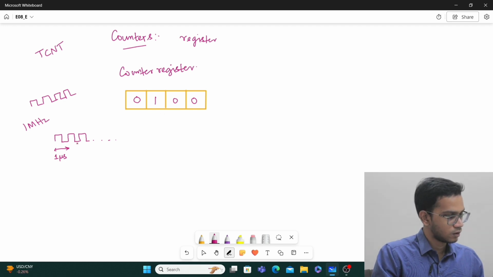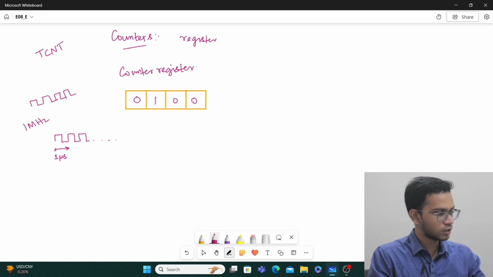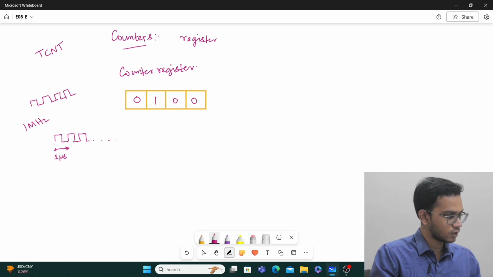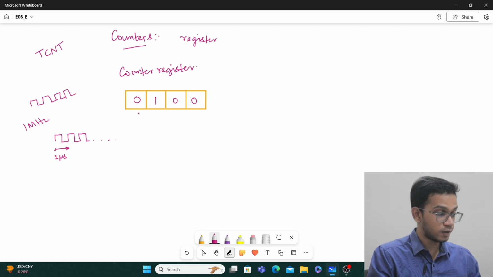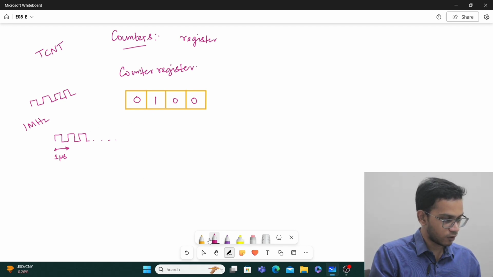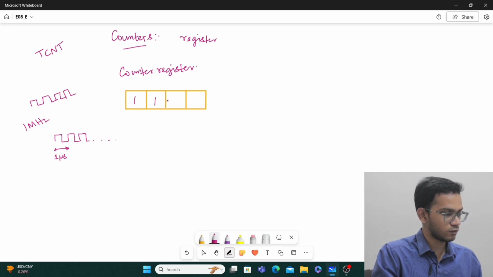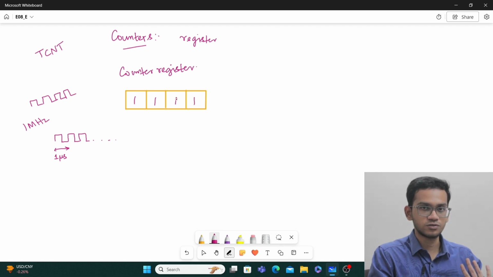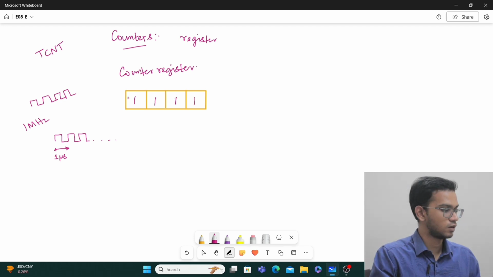Now, when you look at the numbers in this register, it will keep going up until what? Until all of these become 1. When all of these become 1, it has to stop there. It can't go further.